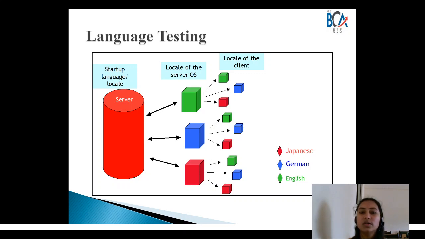Also have a checklist of performance of the key functionalities on the different language platforms and also across the different machines which are connected in the network. So you need to have all these checklists.